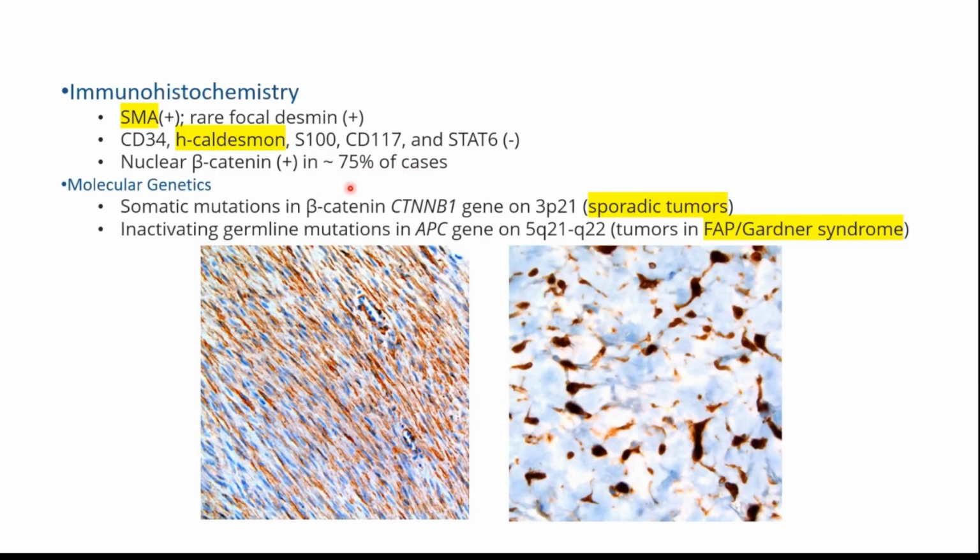For the molecular finding, it is the CTNNB1 gene for the protein beta-catenin in the sporadic tumor. If in FAP or Gardner syndrome, we will see a mutation in APC on chromosome 5q. So here it just shows the beta-catenin nuclear staining. Just remember, whenever you report beta-catenin staining, you need to say whether it's nuclear or cytoplasmic.